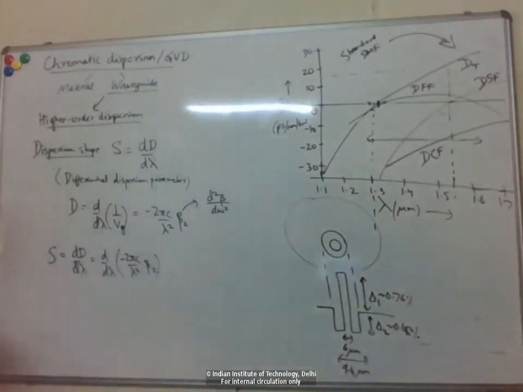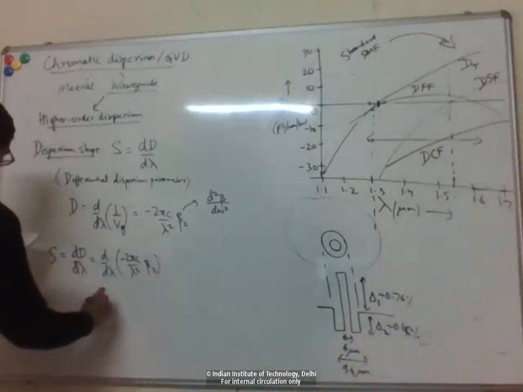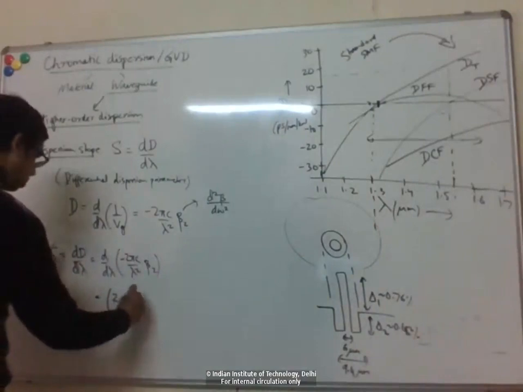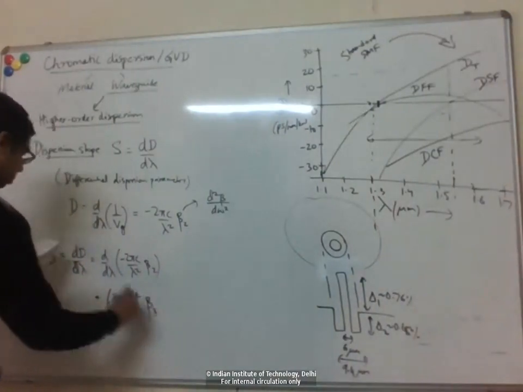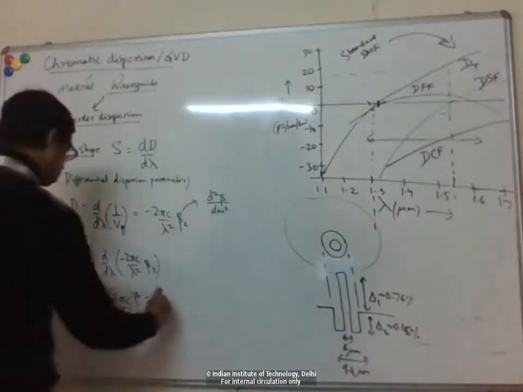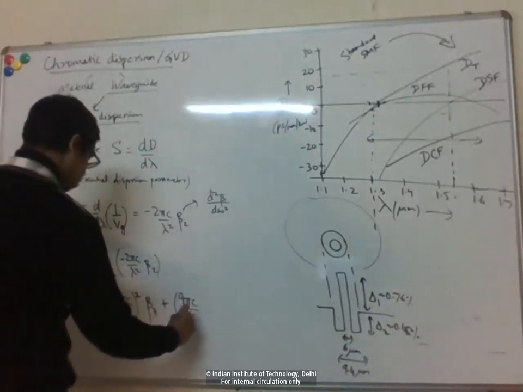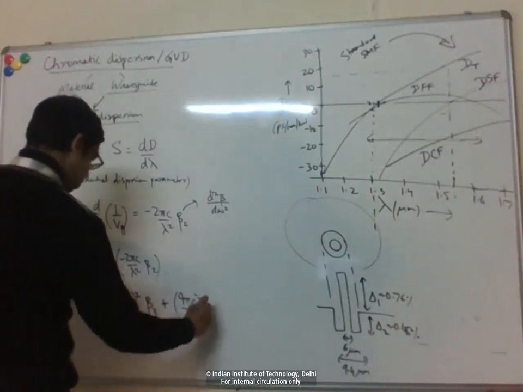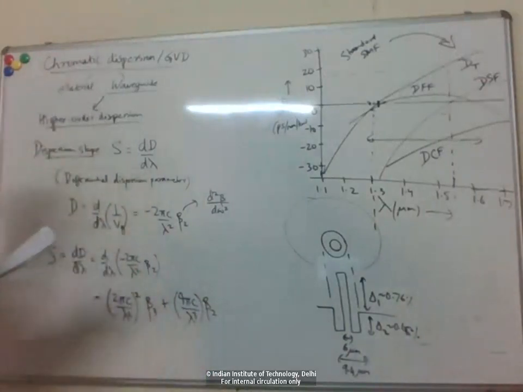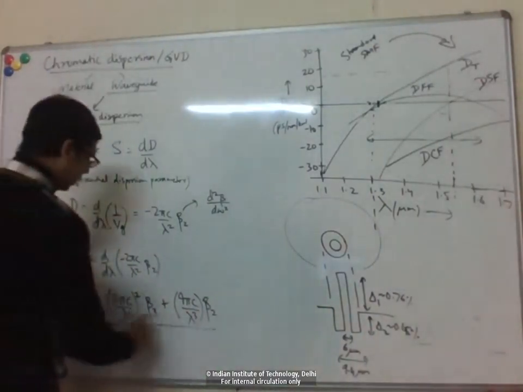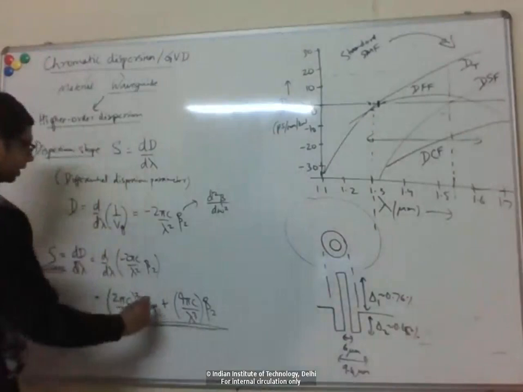So if you compute this, you'll get S equal to an expression in beta 3. So this S in general depends on beta 3 and beta 2.